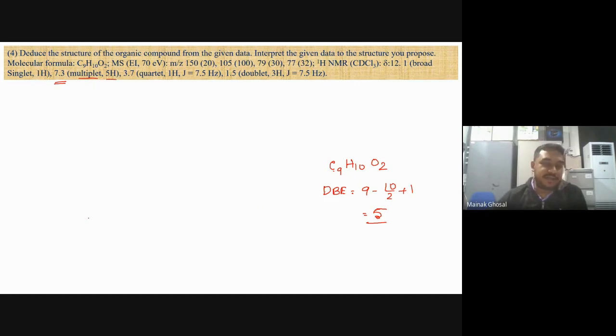This is a very strong indication that these are aromatic protons and the 5 hydrogens are almost equivalent, giving a multiplet. This is possible only for a monosubstituted benzene.